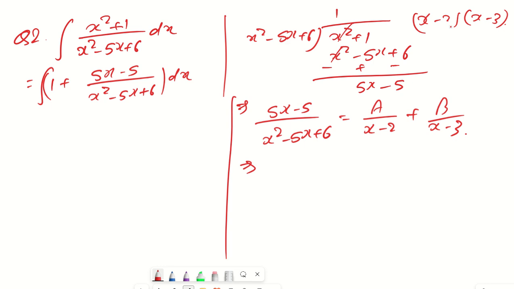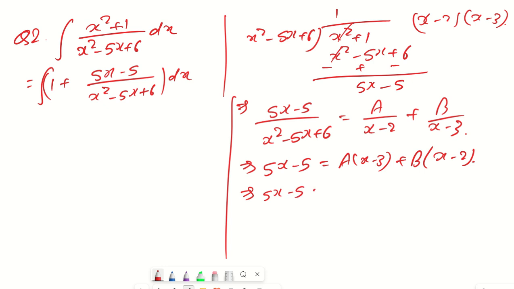So from here we are going to get 5x minus 5 is equal to a times (x minus 3) plus b times (x minus 2). Okay, and then we can write 5x minus 5 is equal to, what is the x coefficient? x coefficient is a plus b and then minus 3a minus 2b.